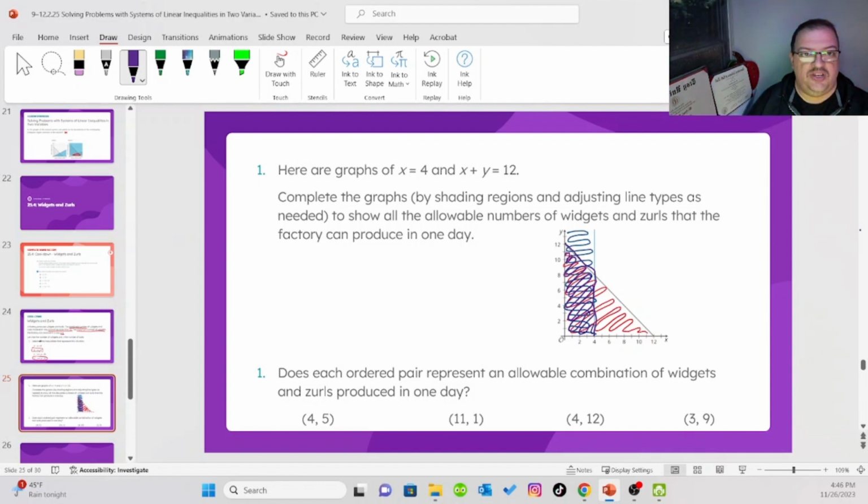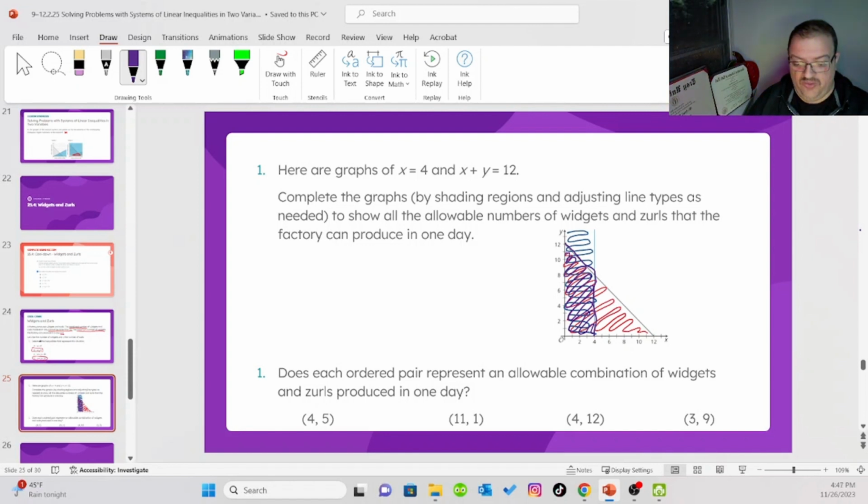Everything in the double shaded area makes this less than 12 and less than 4, and everything on the solid purple line makes this equal 12 or equal 4.